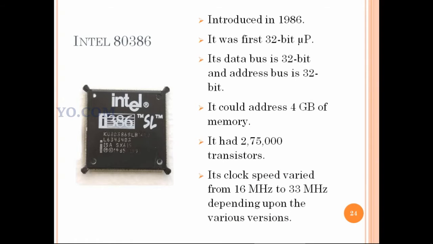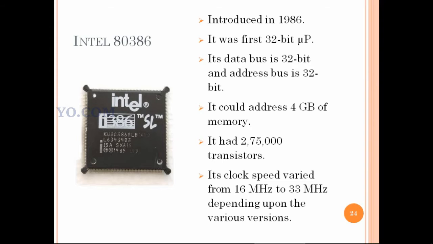So 80186 and 80286, these two microprocessors are improved versions or updates of the 8086 microprocessor in the 16-bit category. Next we are going to see 32-bit microprocessors. In the 32-bit category, the first one is 80386.